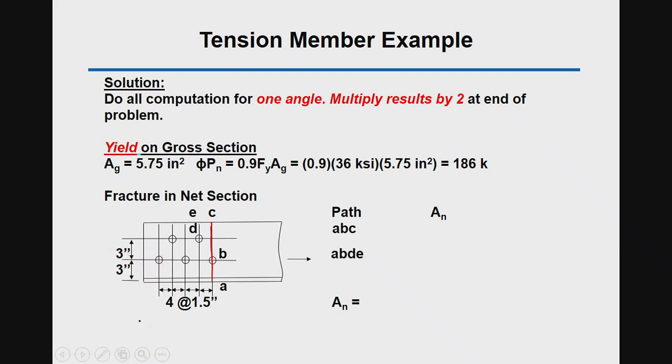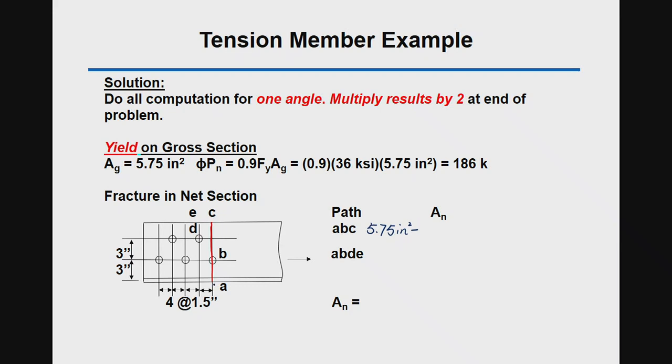So An for path ABC equals the gross cross-sectional area, 5.75 square inches, minus the area of the hole.